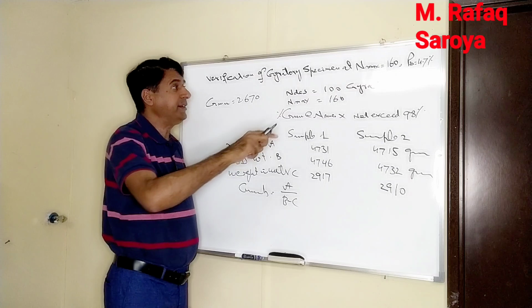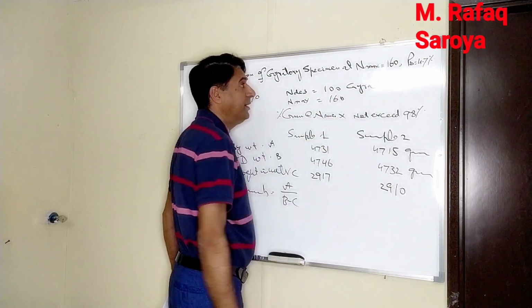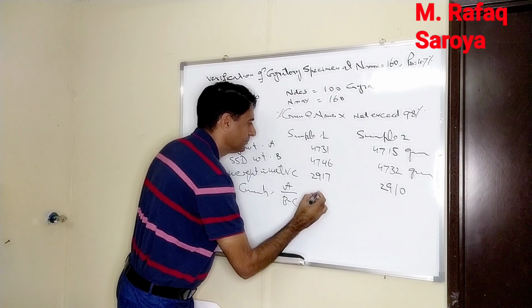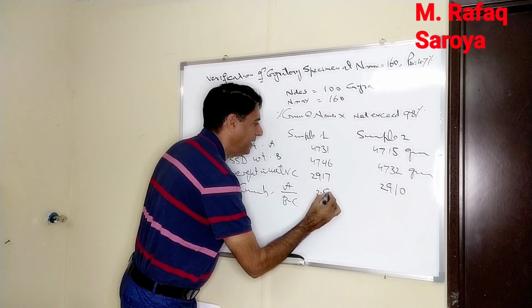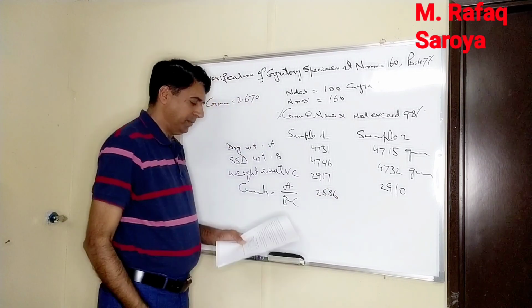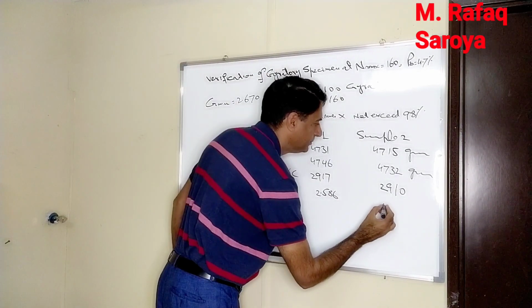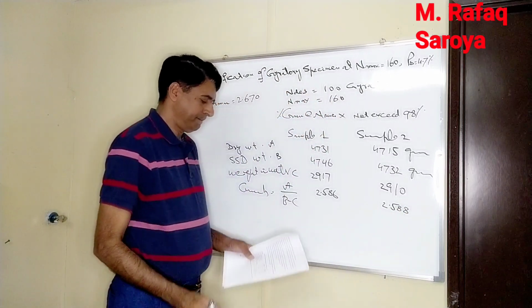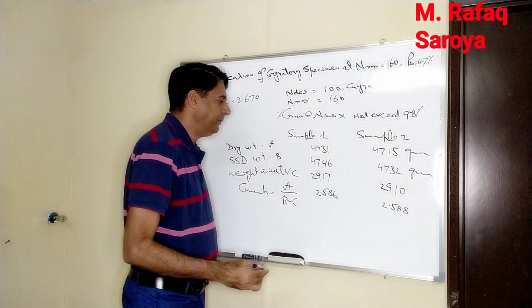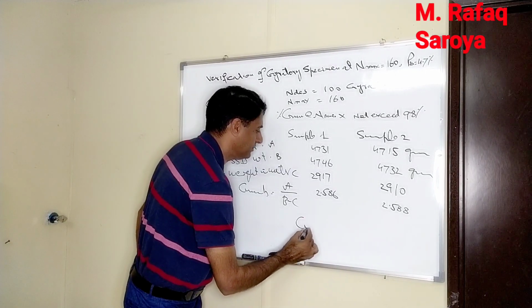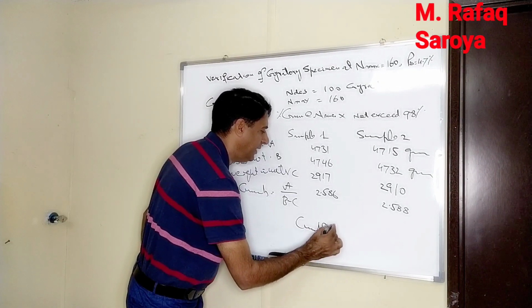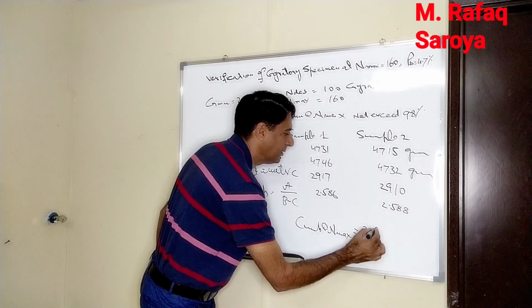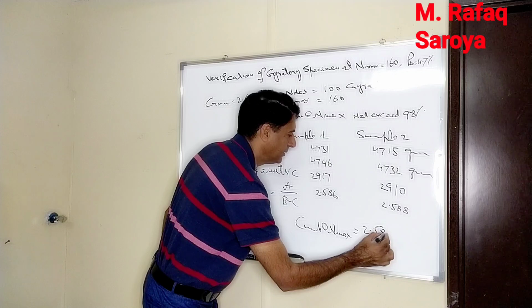When it is compacted up to 160 gyration, 2.586, value number 1, 2.588, and 2.587 is our value at Nmax is equal to 2.587.